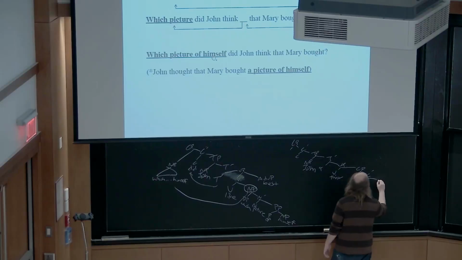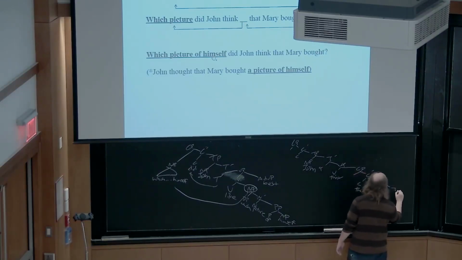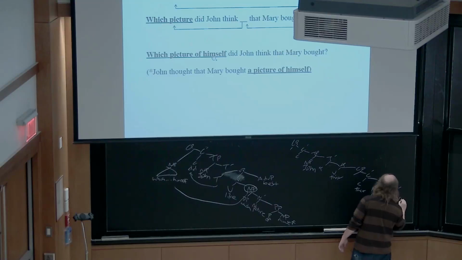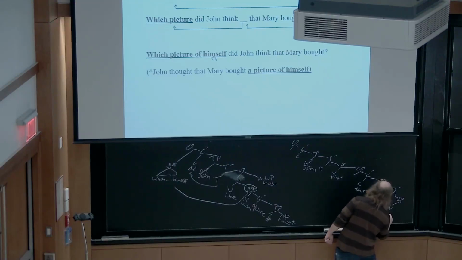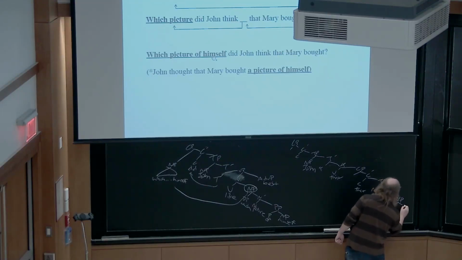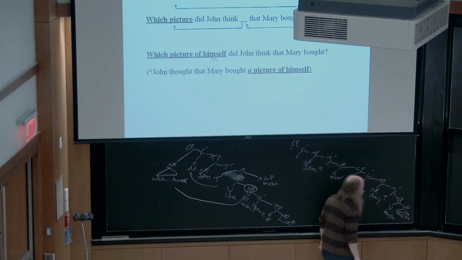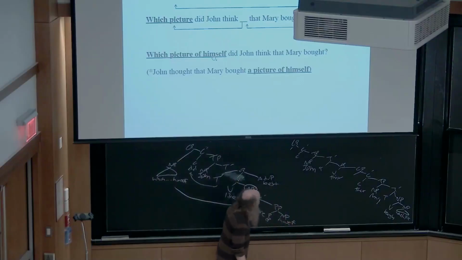That. Here's a TP. Mary. Here's a T, and here's a VP. And then bought. And so we start off with which picture, which I'm running out of room, so I'm going to use a triangle. Here's which picture. I'm going to abbreviate picture as pick. And so here's the tree we start off with, yeah?